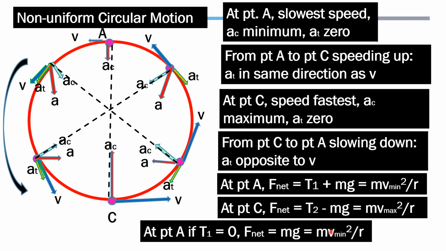Below this value of the v minimum, the object will no longer be able to move perfectly along this circular path. Because there's no more tension coming from the string in the first place to provide the needed centripetal force on the body.